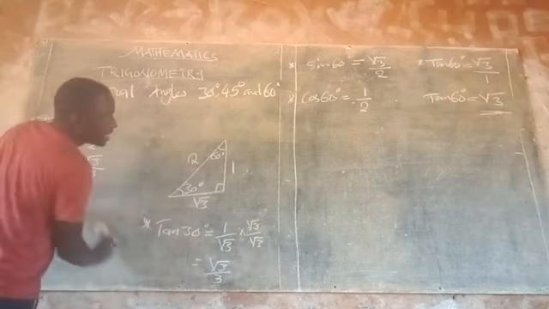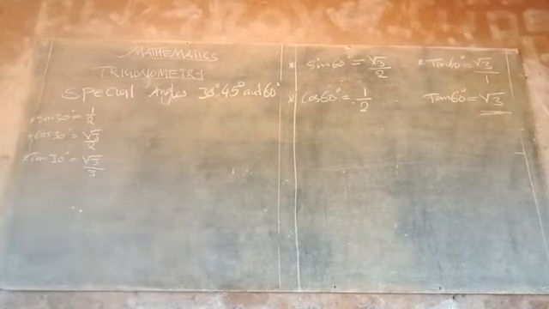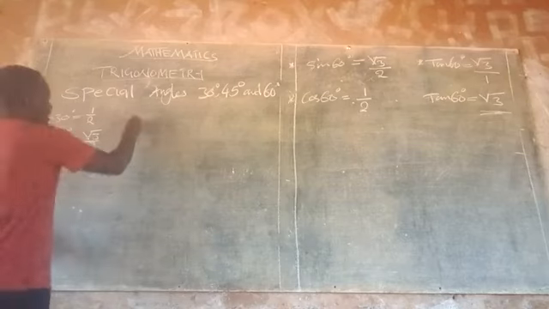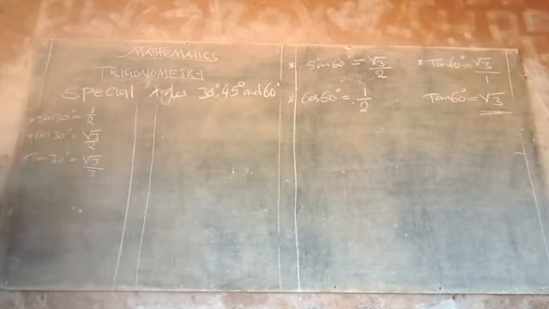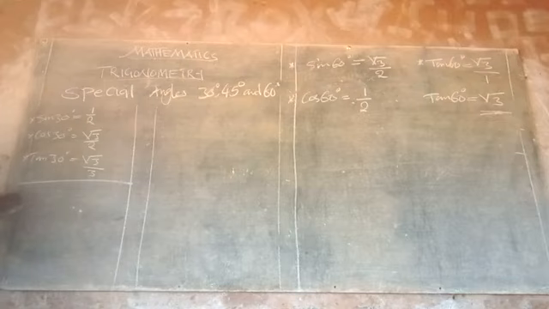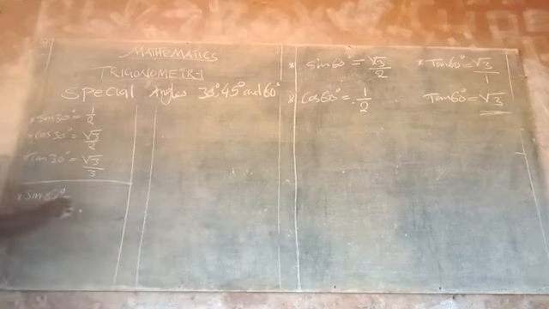If we look at sine 60, sine 60 degrees is just root of 3 over 2.